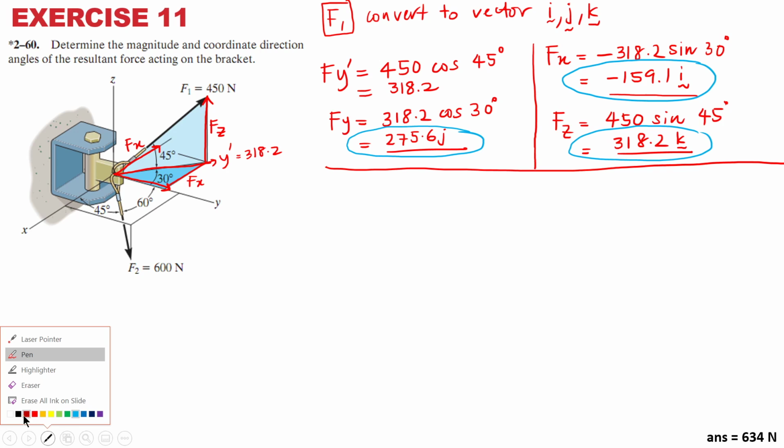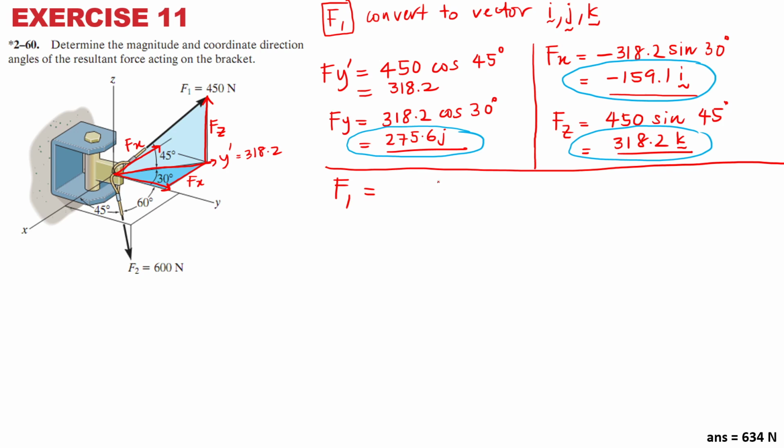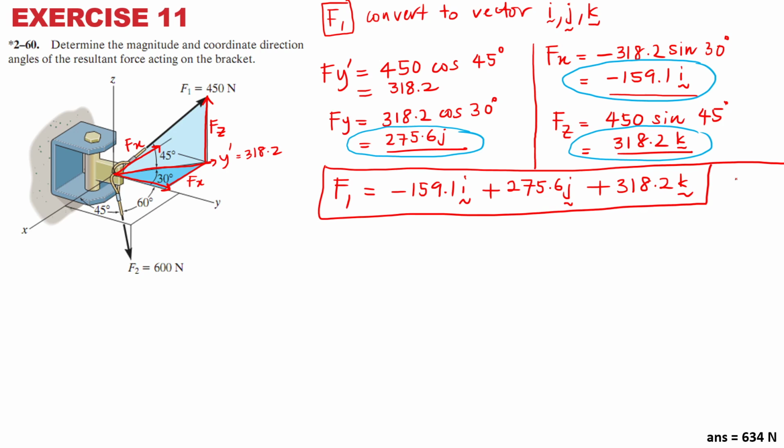Combining all of them, you are going to get F1 is equivalent to negative 159.1 i plus 275.6 j plus 318.2 k. So this is what you get. This is your F1. So obviously, you need to solve for F2.